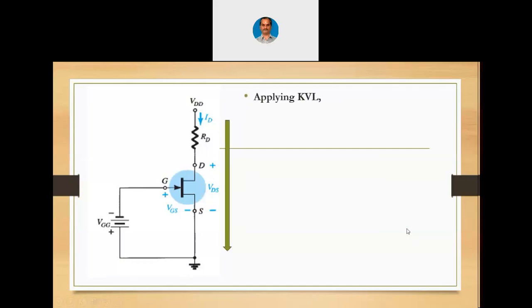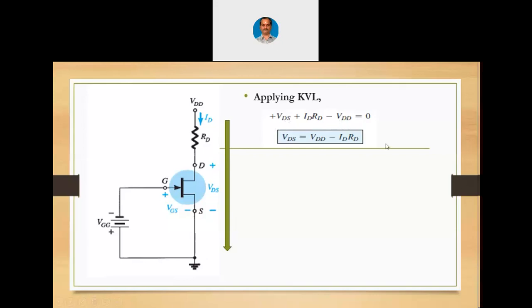Applying KVL at the output side, we can have plus VDS plus ID RD minus VDD equals 0. This is one way. Another way we can write is VDD minus ID RD minus VDS equals 0, just like we applied KVL in the case of BJT. This equation is looking like this because in the textbook this particular method was used.